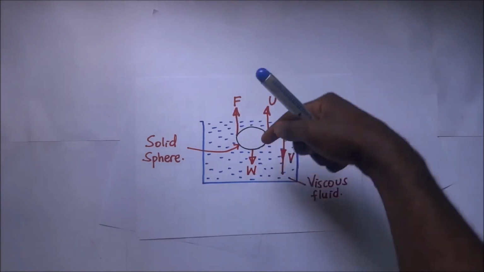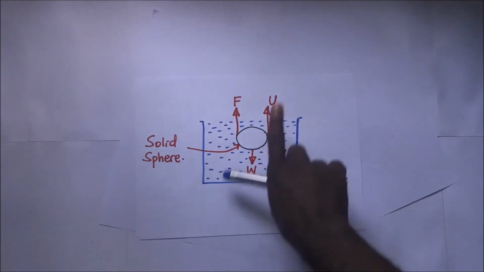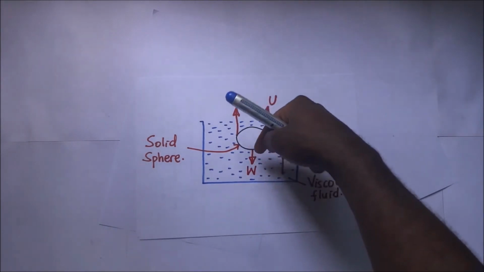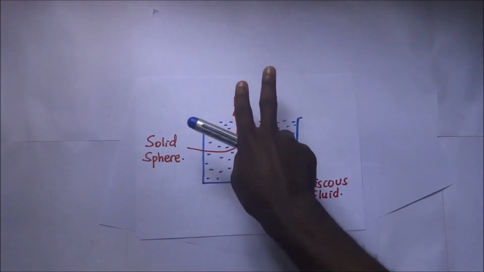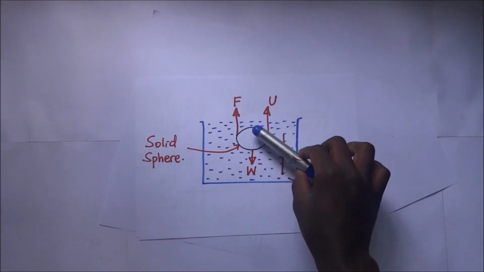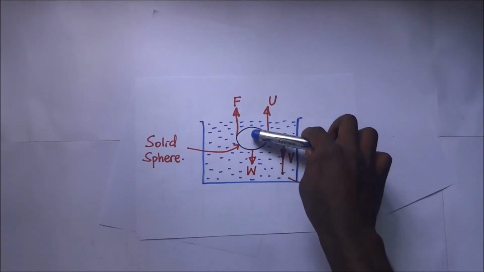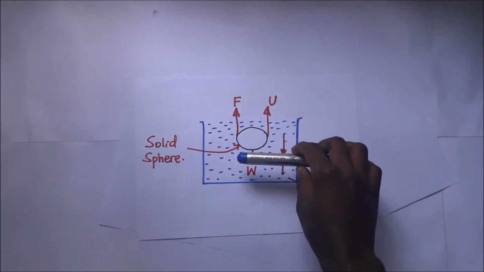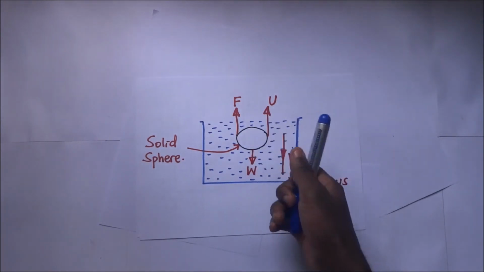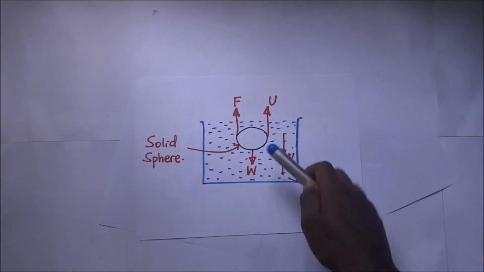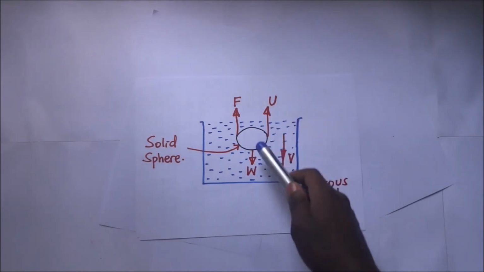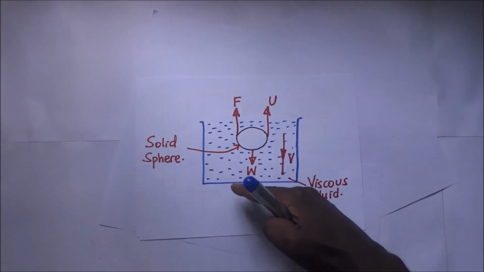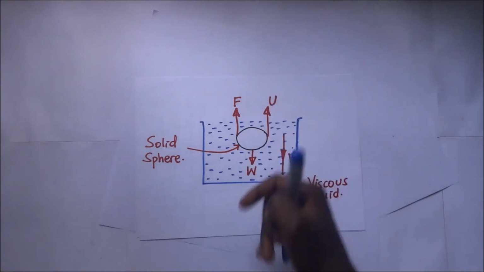In other words, the downward forces are bigger than the upward forces. And because the downward force is bigger than the upward force, there is an acceleration as this sphere is dropping down the fluid. But after some time, as this thing goes down, the downward forces are going to be equal to the upward forces.